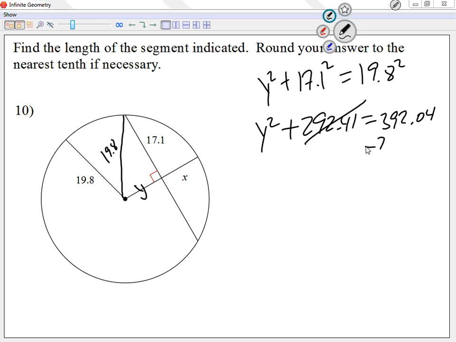So let me subtract that 292.41. I get that y squared is 99.63.